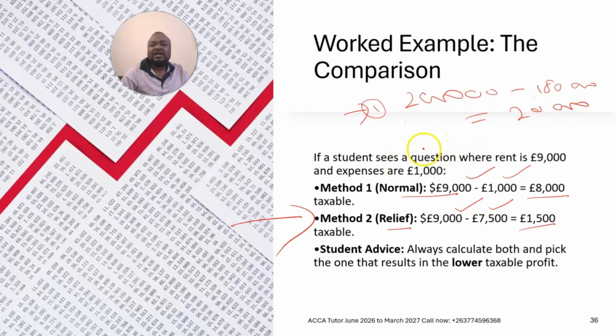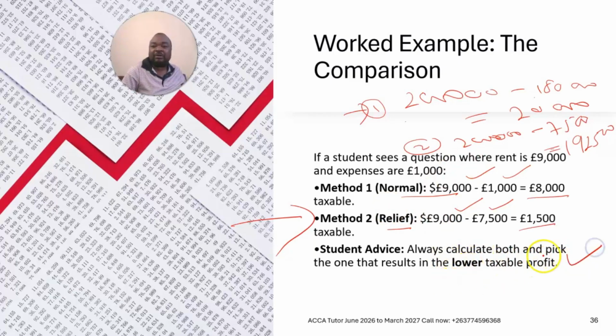But option 2 is going to say 200,000 minus 7,500, so we are going to be taxed on 192,500. In this case, you can see that option 2, the relief method, is not going to make sense. So you need to do both workings.